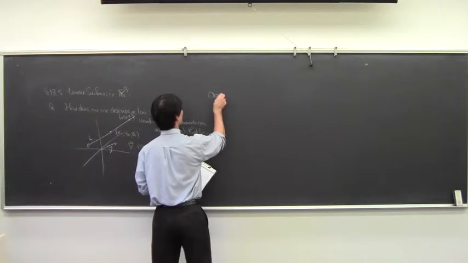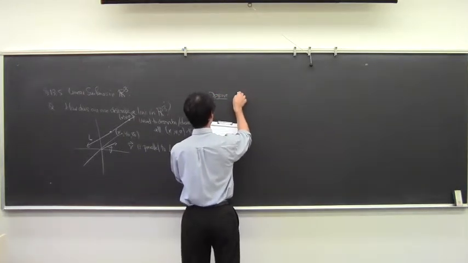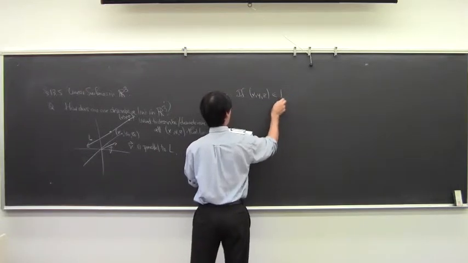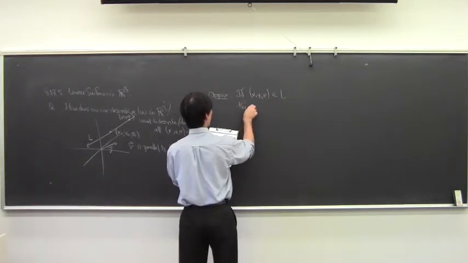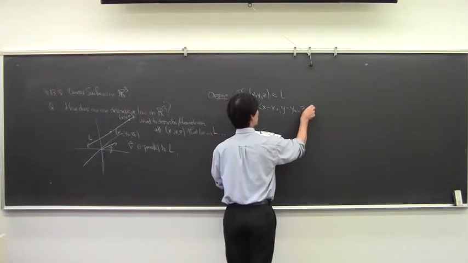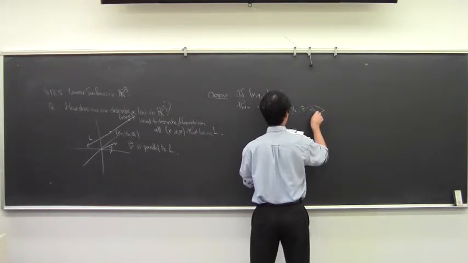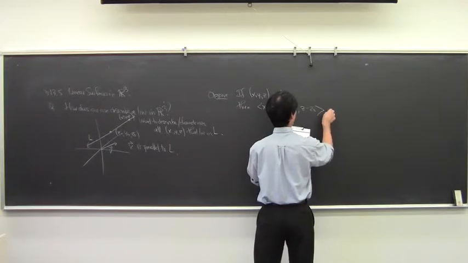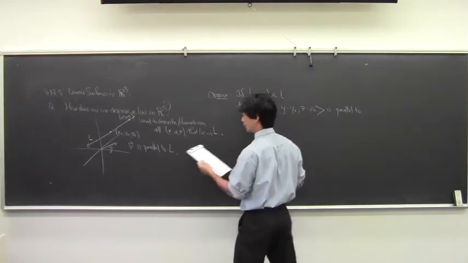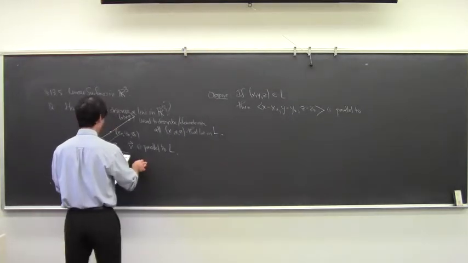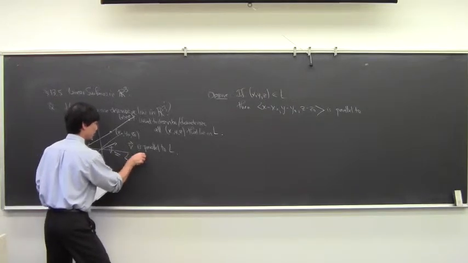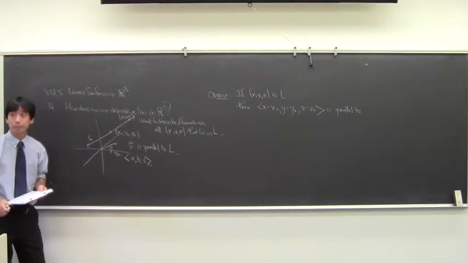So observe, if x, y, z is on L, then the vector x minus x naught, y minus y naught, z minus z naught is parallel to this vector V. Sorry, let me give V a name. V I'm going to call ABC.